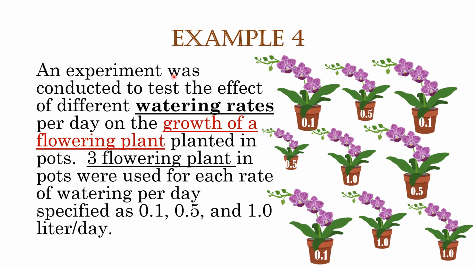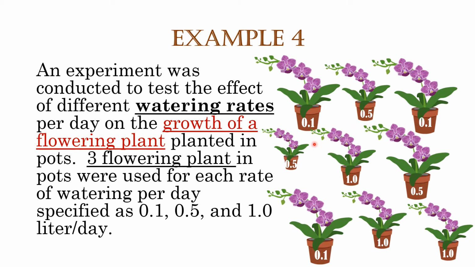So another example. An experiment was conducted to test the effect of different watering rates per day on the growth of a flowering plant planted in pots. We can see in this example that since they are in pots, they cannot be affected by each other's treatment, so in this design you can use the CRD, or completely randomized design.